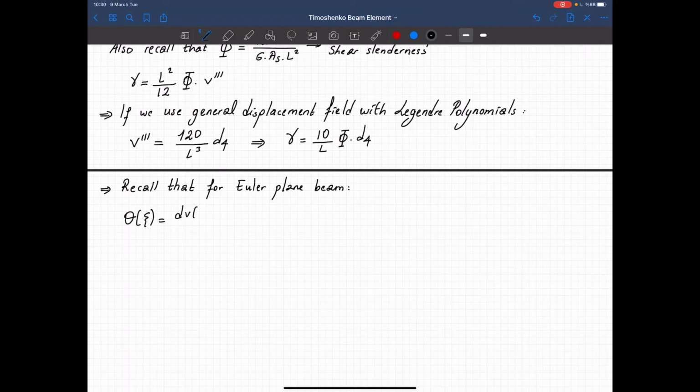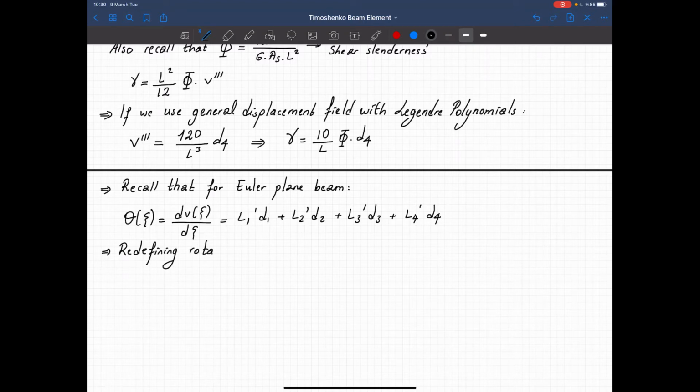It's just dv over d psi, and that's equal to L1 prime d1 plus L2 prime d2 plus L3 prime d3 and L4 prime d4. Now redefining the rotation interpolation, let's say, using equation star.